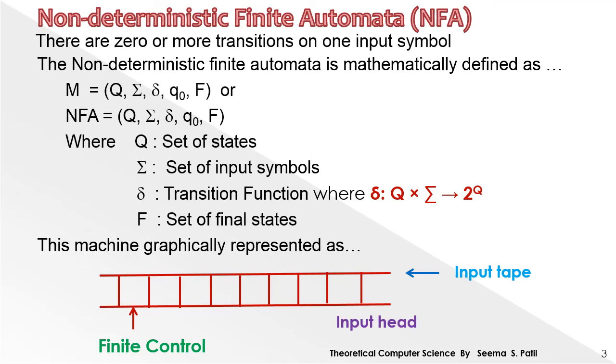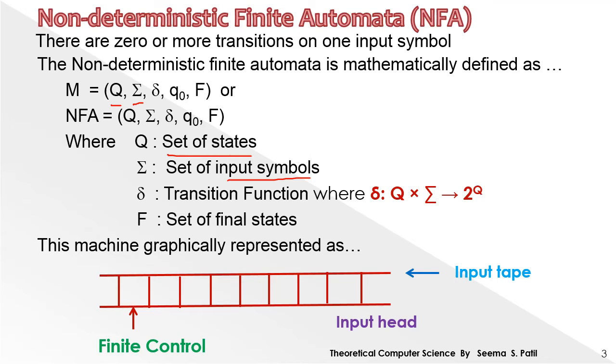The non-deterministic finite automata is mathematically represented as M equal to (Q, Σ, δ, q0, F). As you know, Q means the set of states, Σ means the set of input symbols and δ is the transition function.